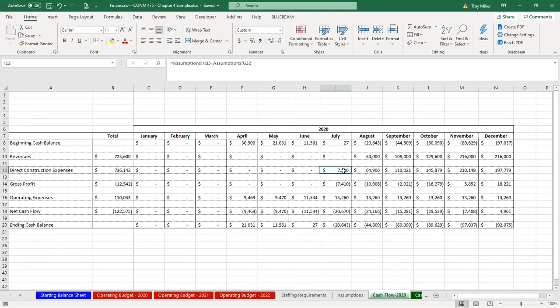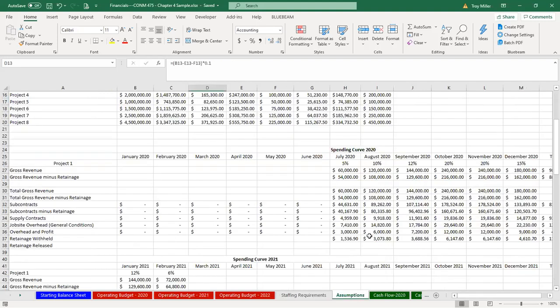So my direct costs in July. Okay, I've got to go back to my assumptions here.